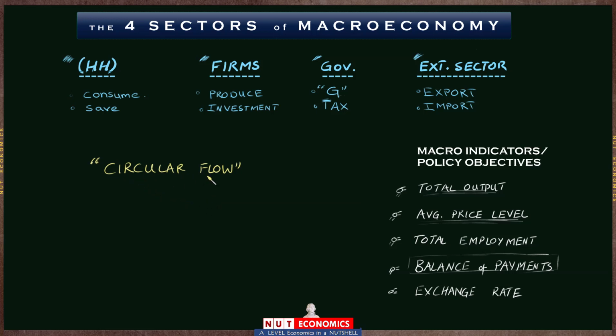Now, circular flow itself just takes 5 minutes to introduce and understand, and how we are supposed to think about the interaction of these four sectors through the circular flow. But based on this core conceptual way of thinking about the interaction and working of these sectors of the macroeconomy, we can then build up a lot of different economic models.